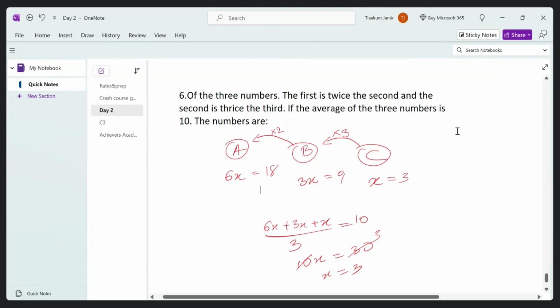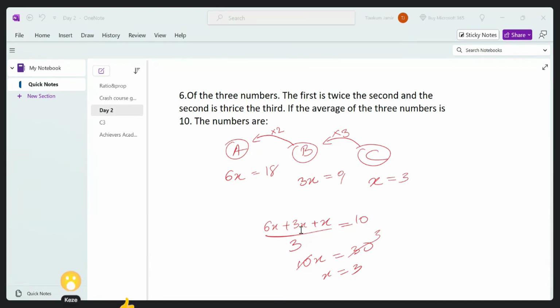We're doing Williams level questions. Now we know about ratio and proportion, so give it a try for this question.